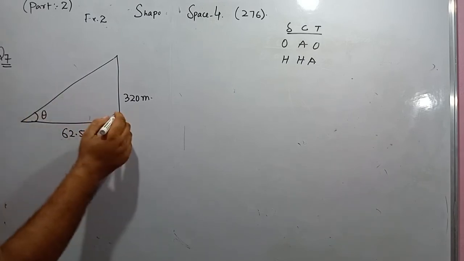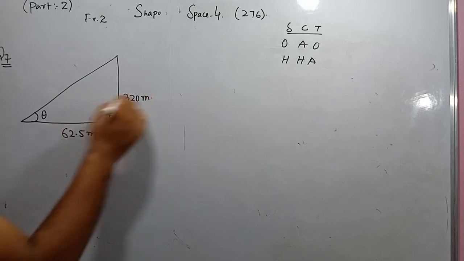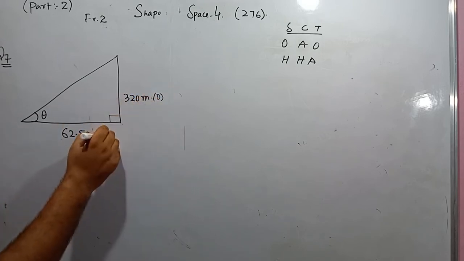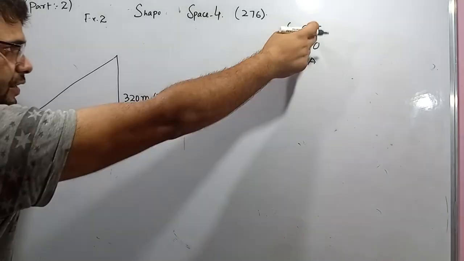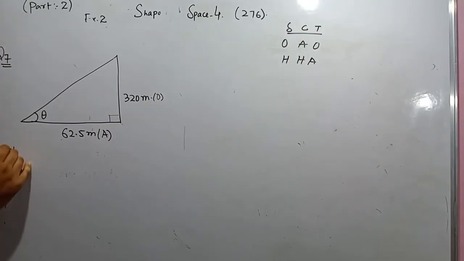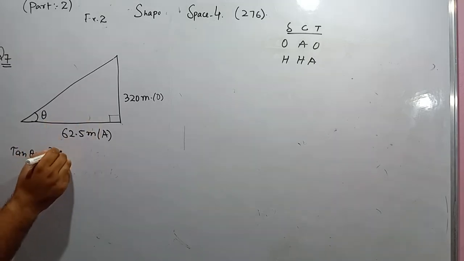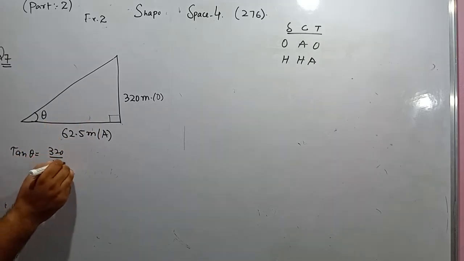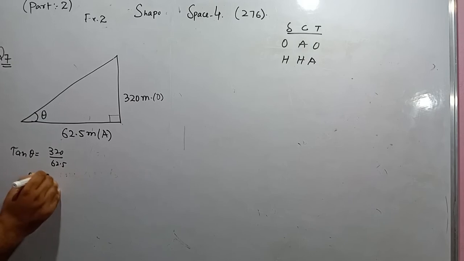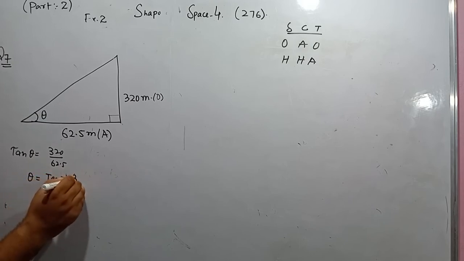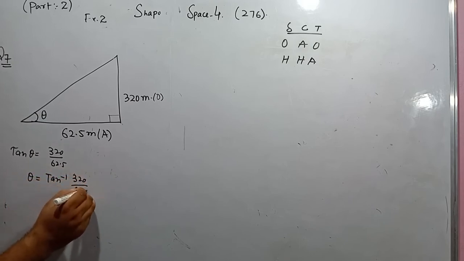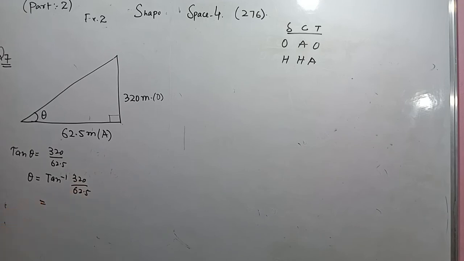If you check, this is a right-angled triangle, and this is opposite, and this is adjacent. So here it is tan. So I will write directly tan theta is equal to opposite over adjacent, that's 320 by 62.5. So theta is equal to tan inverse of 320 divided by 62.5. On calculating on the calculator, you will get its value, that is 78.9 degree.